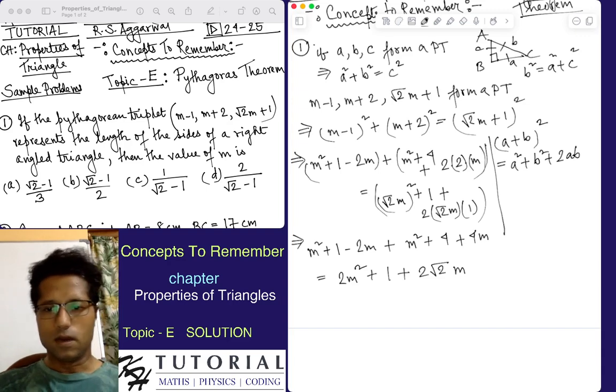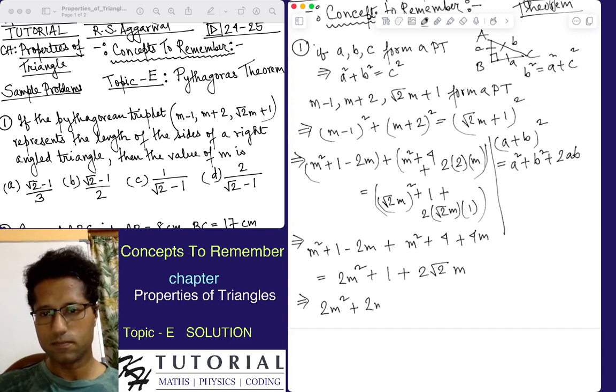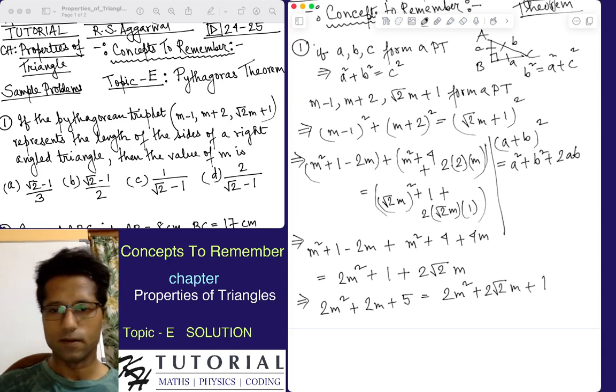Okay, now this implies, if you simplify the left hand side, you add up all the like terms, we get 2m square plus twice m plus 5 equals to, on the right hand side we have 2m square plus 2 into root 2m plus 1.